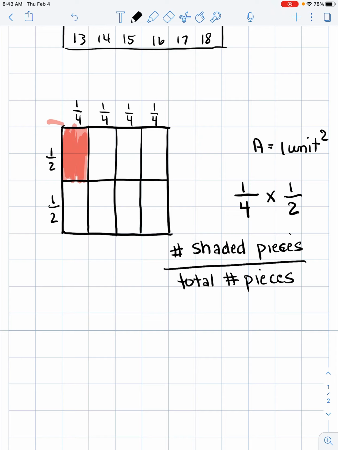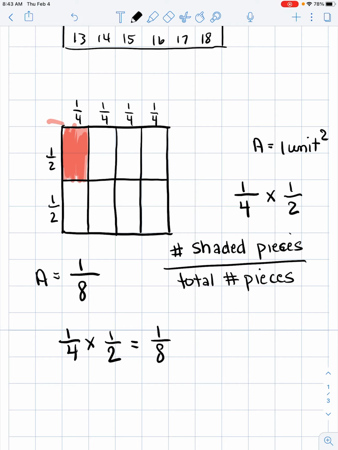We see the area equals 1, because 1 piece is shaded, out of a total of how many pieces altogether? There are 8. So the area equals 1/8, which means that 1/4 times 1/2, remember length times width, equals 1/8. If you look at this just as a fraction model, we just drew a model of 1 out of 8, or 1/8.